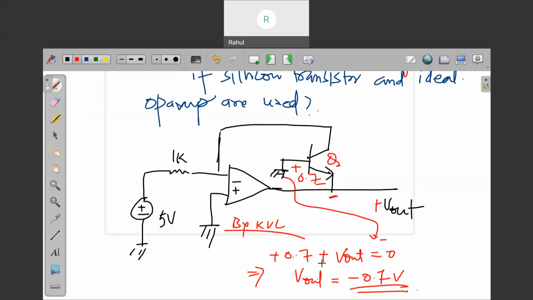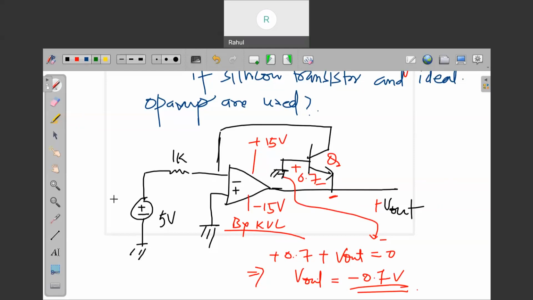This was a very good question. And they have also given the supply plus 15 volt, minus 15 volt. They have given this so that if this transistor does not work, this entire op-amp will behave like a comparator. So the answer will be either plus 15 or minus 15.